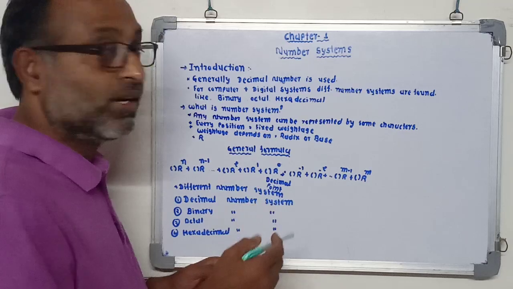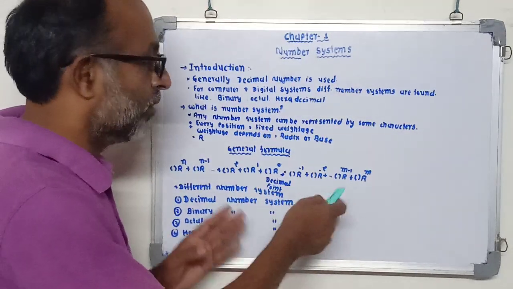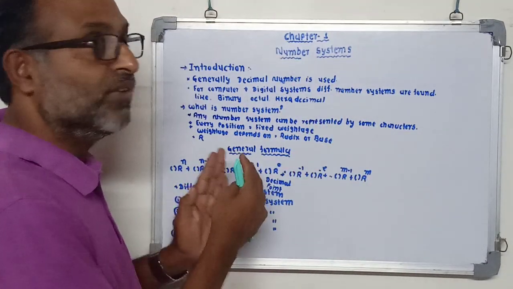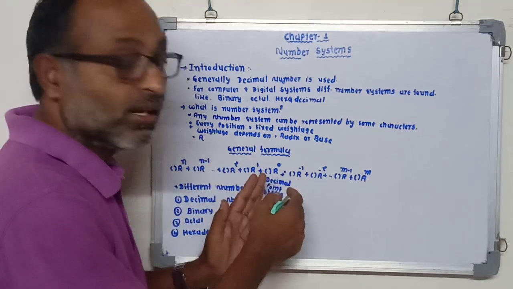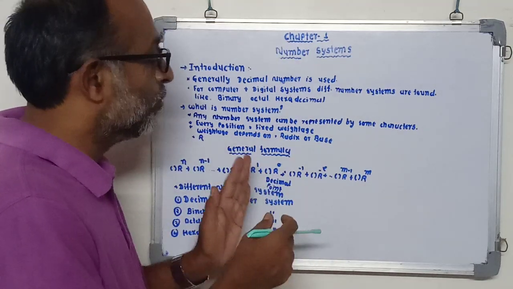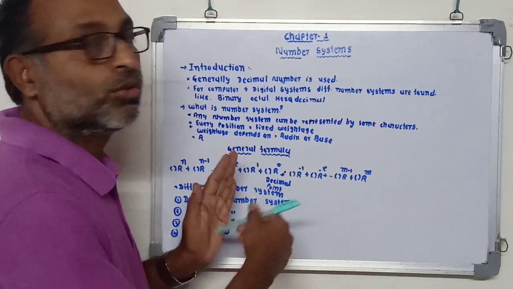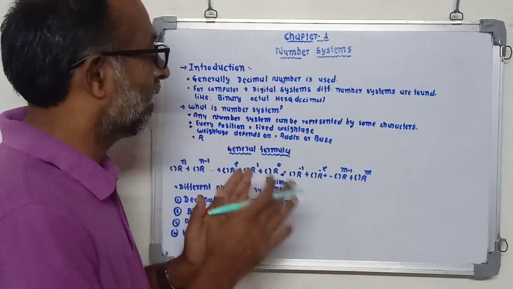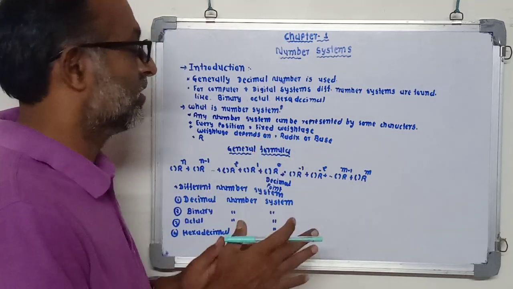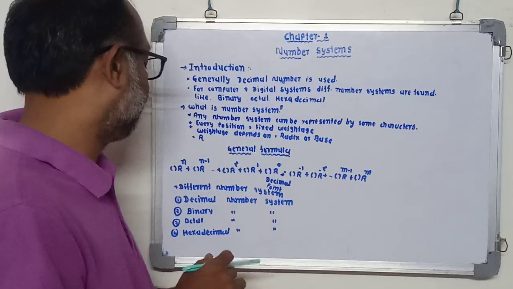Already we are familiar: when we move from right to left, the weightage of the digit increases. But after the decimal point, when we move from left to right, the weightage of the digit or character decreases. It is most important.